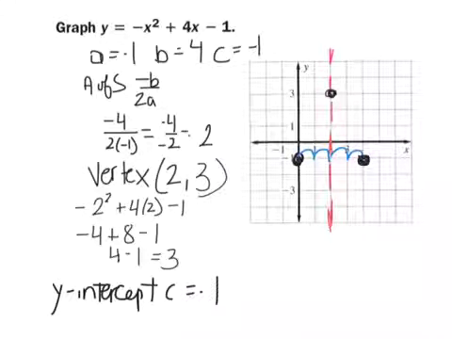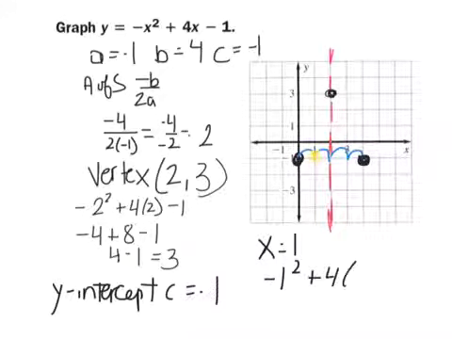And now this one is again nice because I have a point in between that y-intercept and my axis. So I'm again going to choose this point right here where x equals 1, and I'm going to sub 1 into my equation. So I have -1 squared plus 4 times 1 minus 1, which gives me -1 plus 4 minus 1.